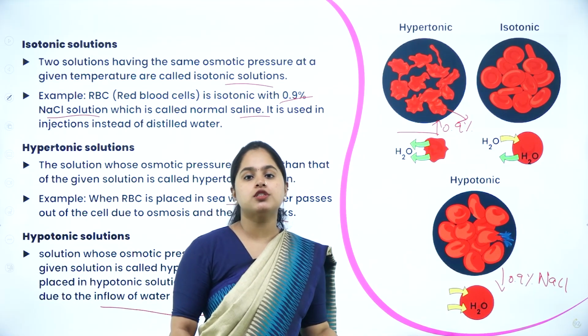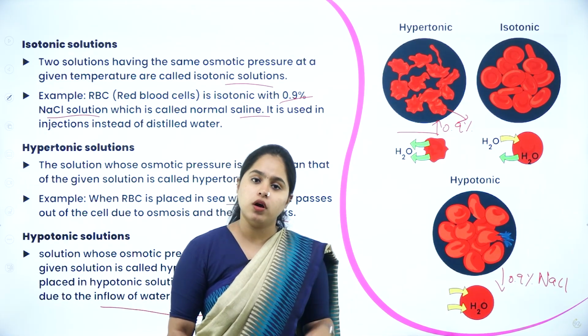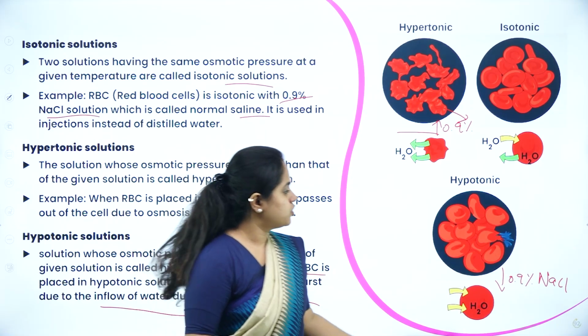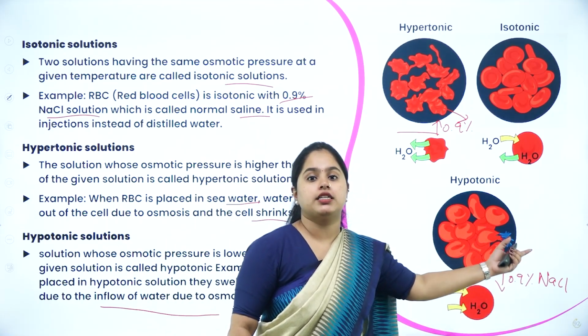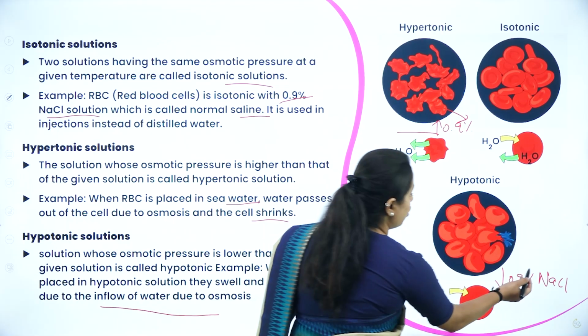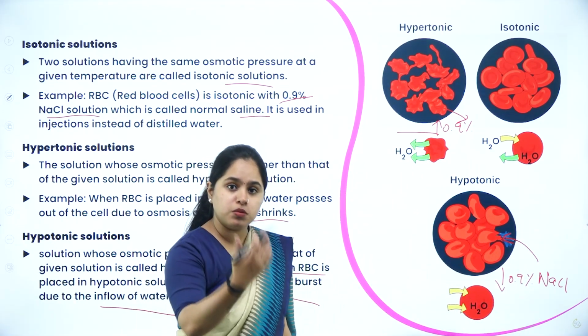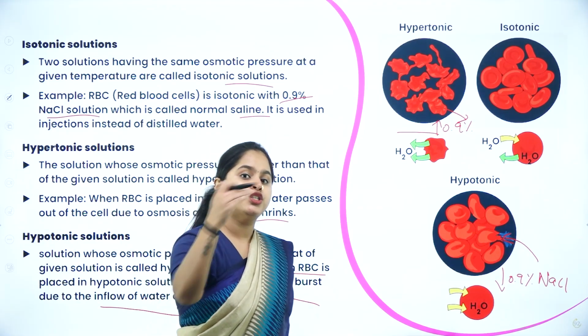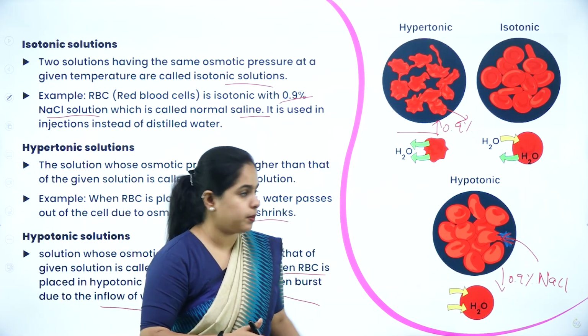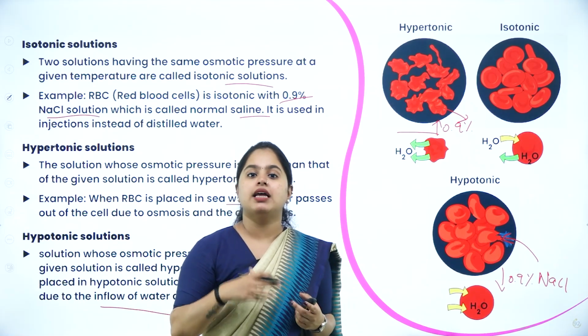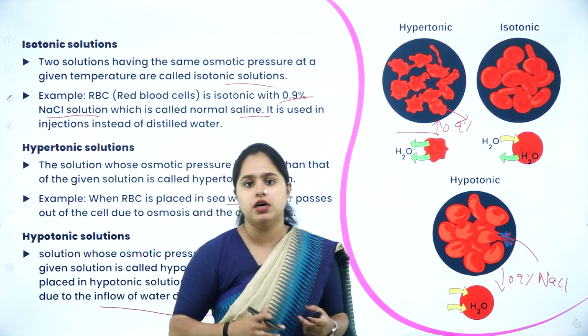So what is osmosis? Flow of solvent particles from lower concentration to higher concentration. So the solvent, that is the water, will start flowing from outside, the lower concentration, to inside the cell. The cell will start bulging and at one point it will burst also.